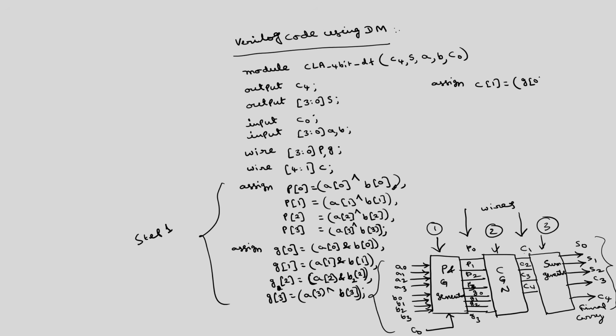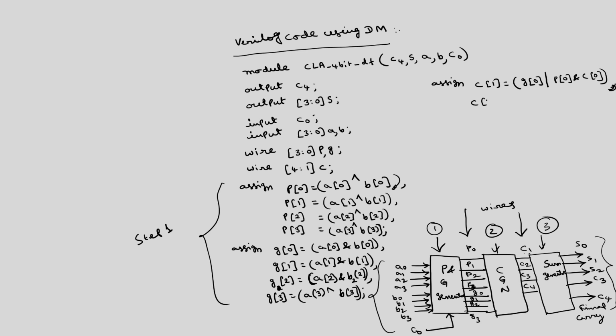G0 plus, the OR operation is this, P0 and C0. Here also I can use a single assign using commas.